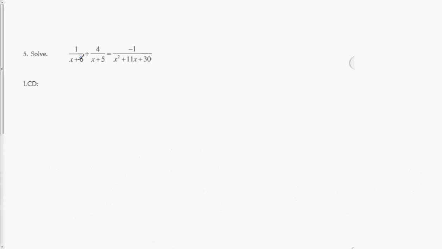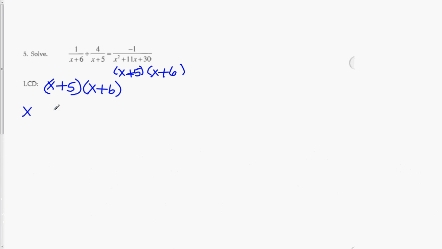On this one, I've got the first two are already factored. I can almost bet you factors of 30 that add up to 11 would be plus 5 and a plus 6. So my LCD then ends up being x plus 5 and an x plus 6.